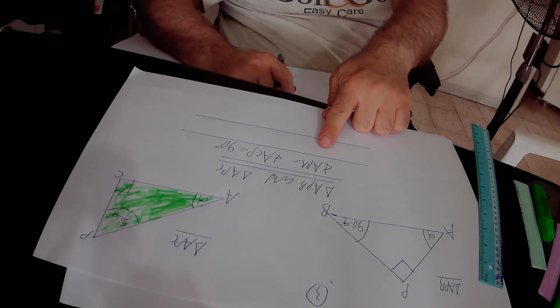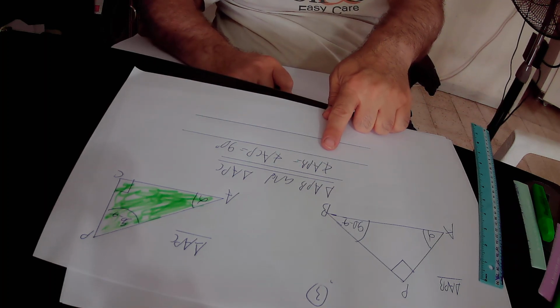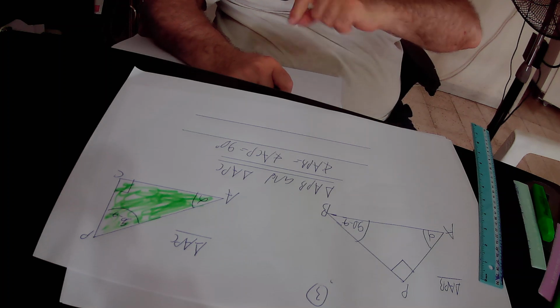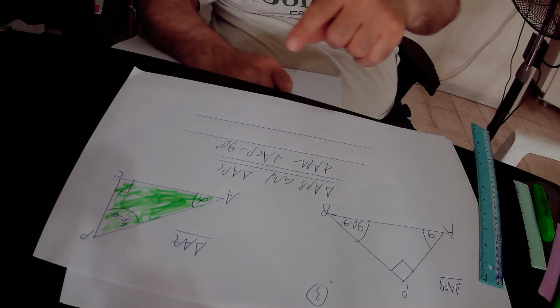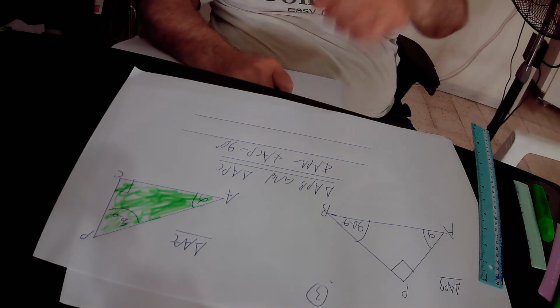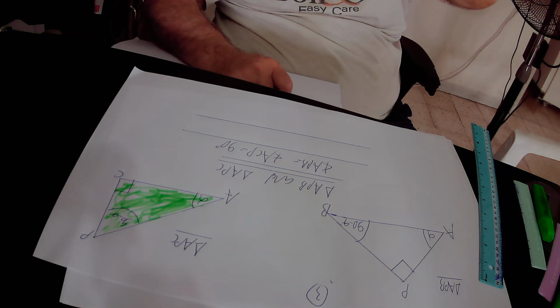Repeat again, angle APB in the right triangle equals angle ACP in the green triangle. They are both equal to 90 degrees, therefore they are equal to each other.